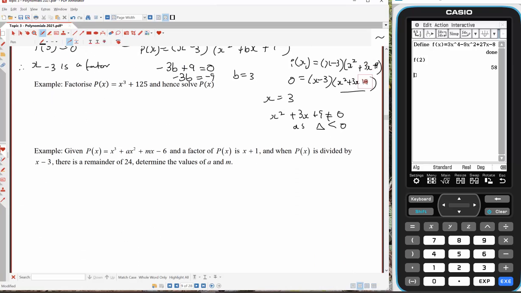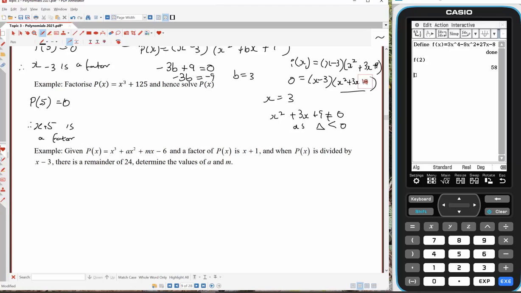So let's do this one here. So I've got, let's try p of 5 equals, no, it's p of negative 5. So p of negative 5 equals 0. Therefore, x plus 5 is a factor.